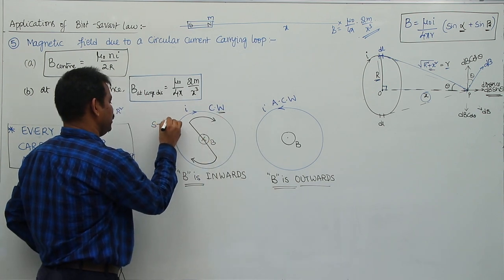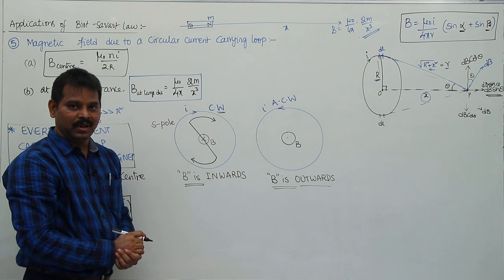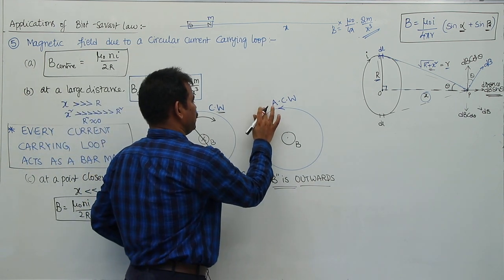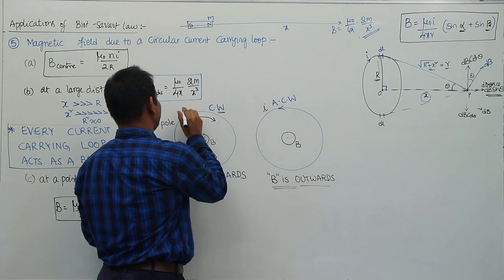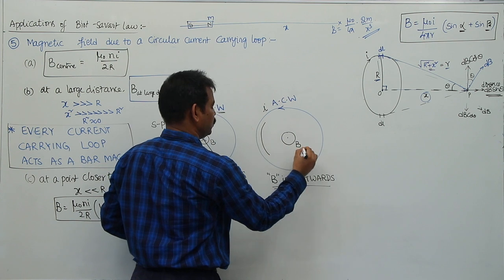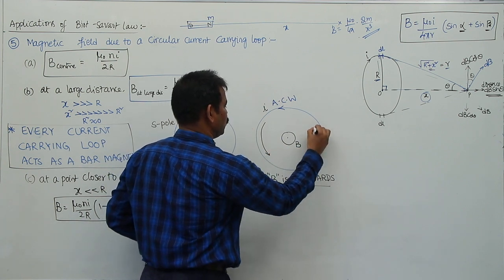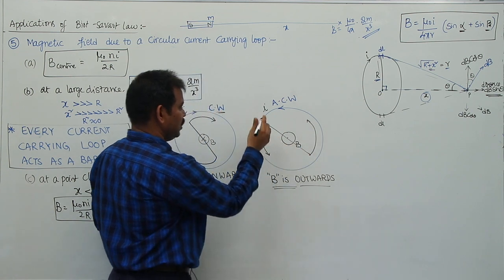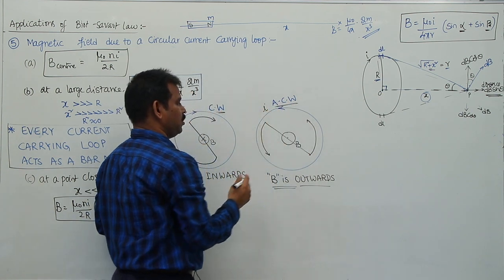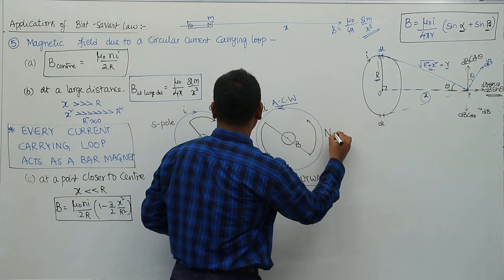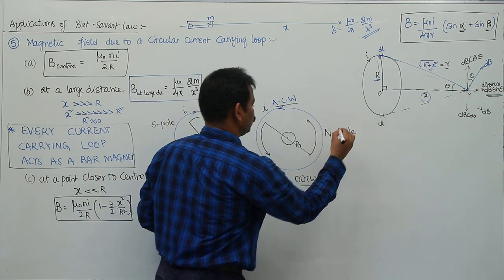Similarly, if you take this current carrying coil carrying current in the anti-clockwise direction, here the current is flowing down and here the current is going up. So it is easy to remember that the coil carrying current in the anti-clockwise direction acts as a north pole.